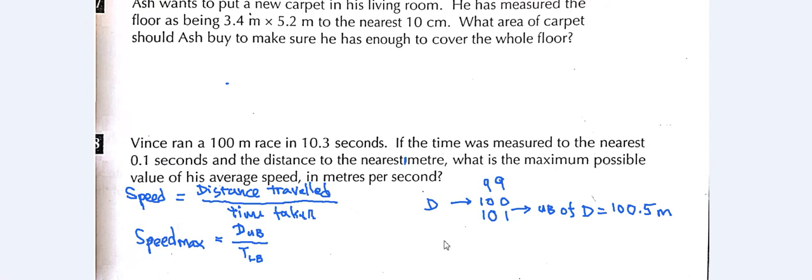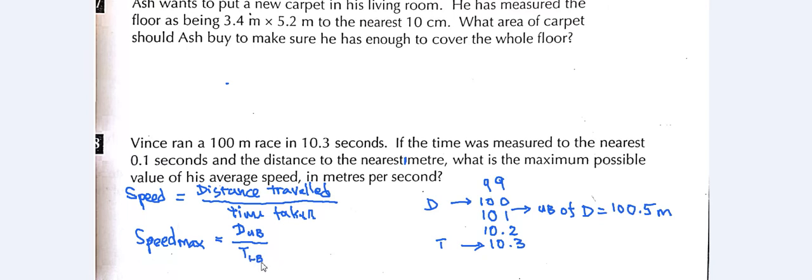Okay. Now, for time, it's 10.3. That means the increase is by 0.1 second. So, what is the number before this? It is 10.2. Okay, why is the teacher picking this?